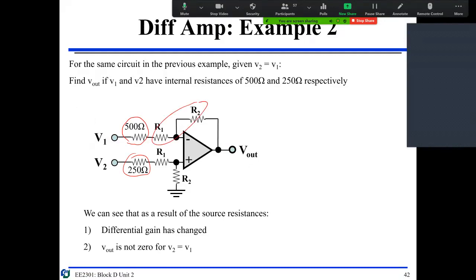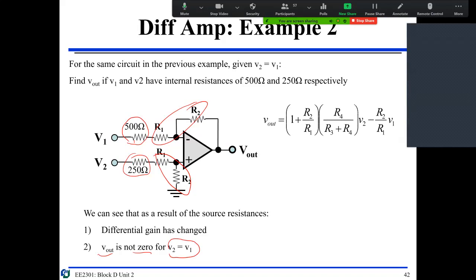So although these are symmetric already, because of that, my differential gain will be changed, and my V out is not 0 even when the two signals are the same. So it's no longer a difference amplifier.